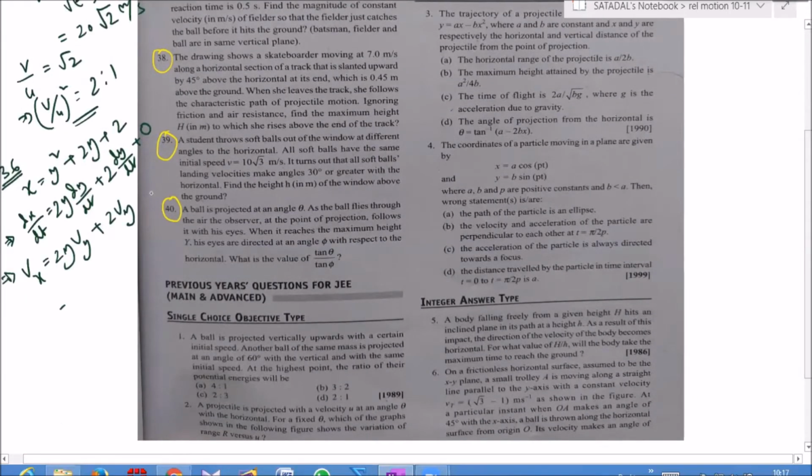So I can write Vx is equal to 4y plus 4.